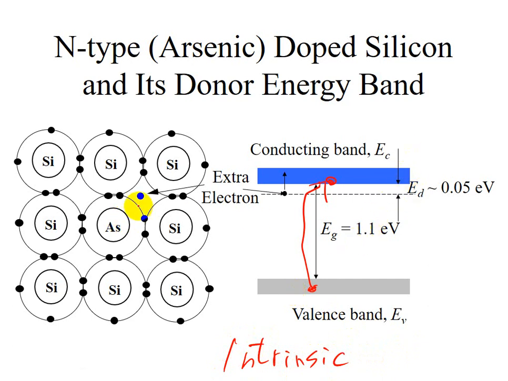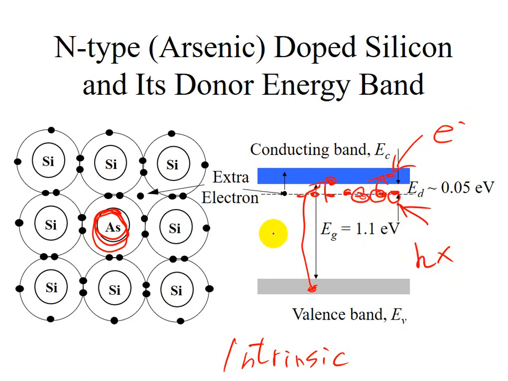But if you introduce a donor element into the silicon wafer, you are creating a donor level over here, and those electrons jump to the conducting band, leave behind holes, and only the electrons here contribute conductivity. The holes over here do not provide conductivity.